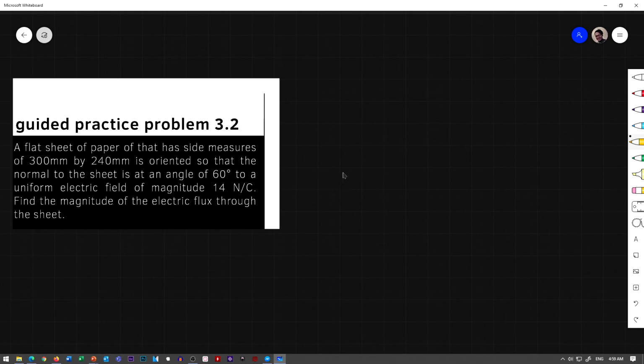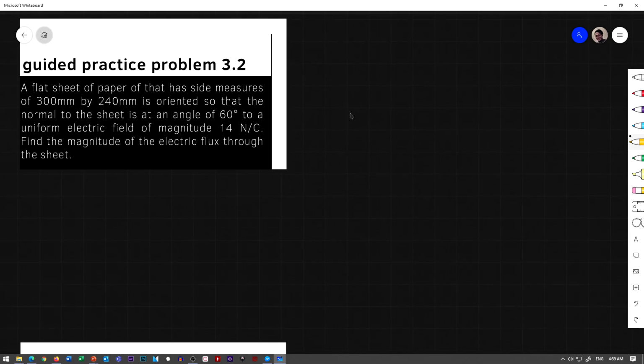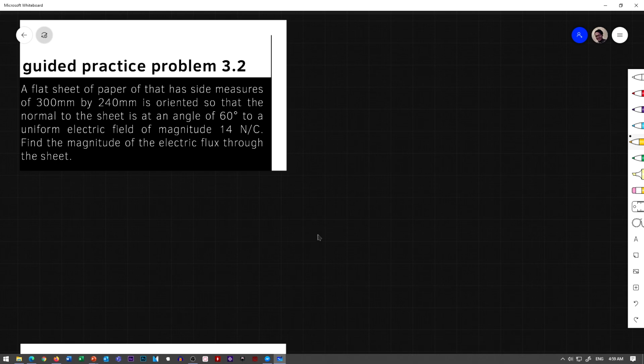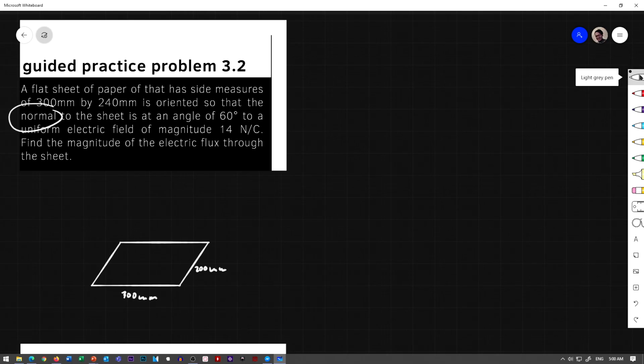Okay, so now we have a sheet of paper. Let's draw that. We have a sheet of paper that has side measures of 300 millimeters by 200 millimeters, and is oriented so that the normal to the sheet is at an angle of 60 degrees. So you're going to notice now we have the term normal.